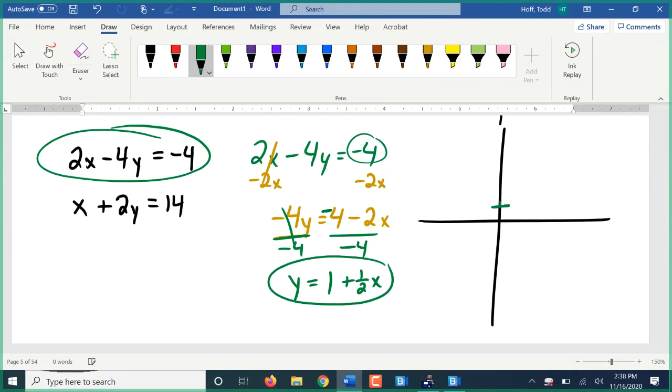So we start at positive 1, and we go up 1, run 2. Let's do it one more time at least. Up 1, run 2. And we know our line goes through those points.